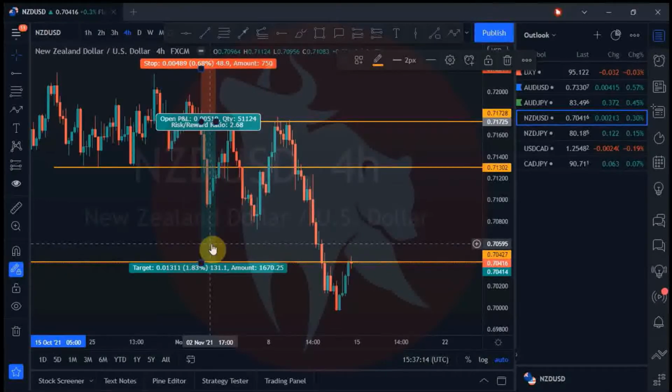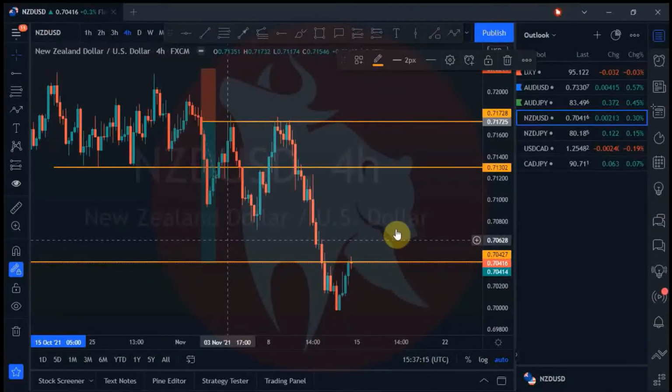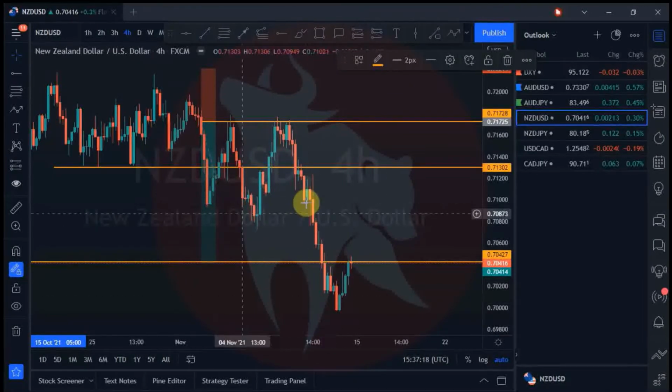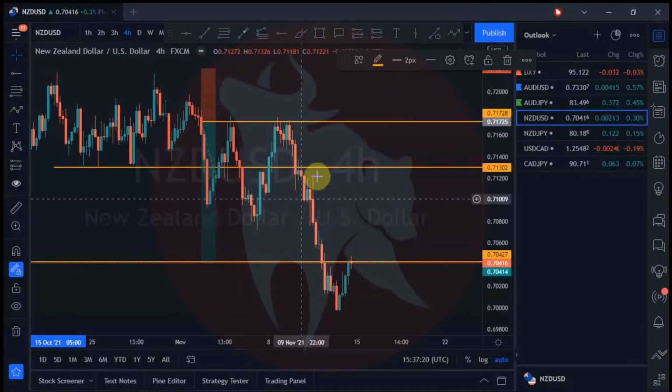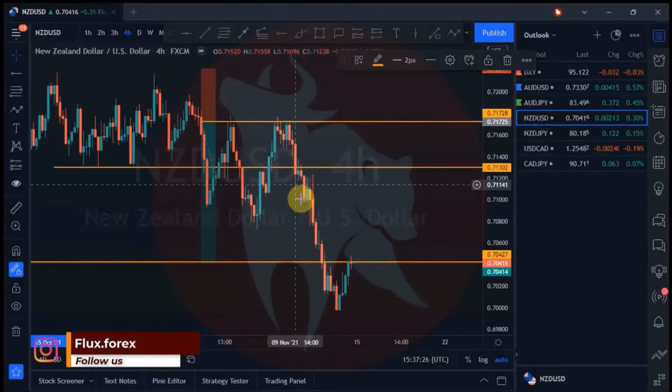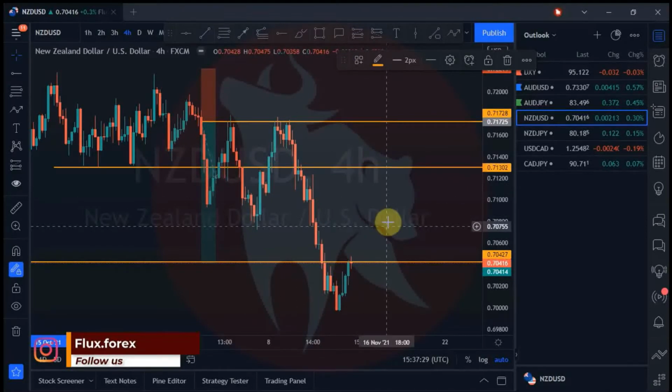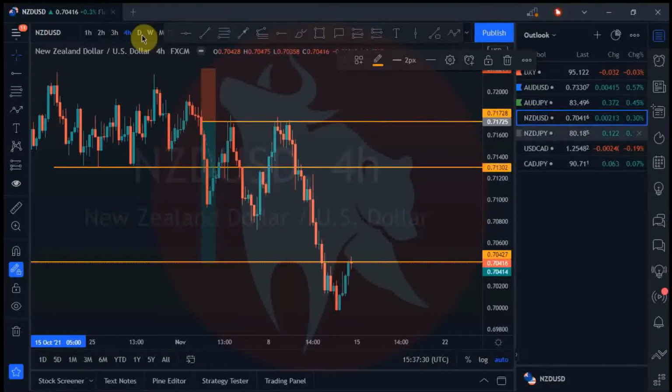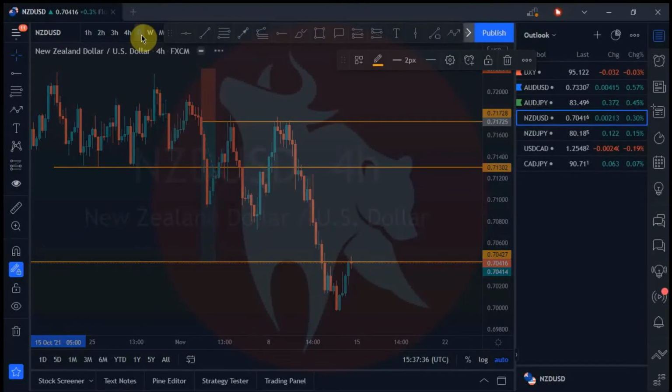If price is going to continue to push up, I will expect price to come back to this other block and then push down. So going into next week, I'll just stay on the sidelines and monitor how this pair is going to react. Let's quickly look at what NZDJPY is also telling us.